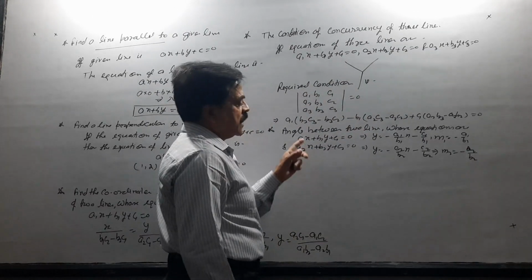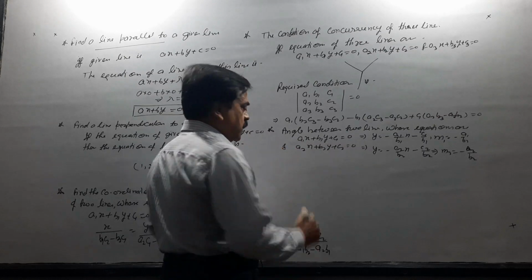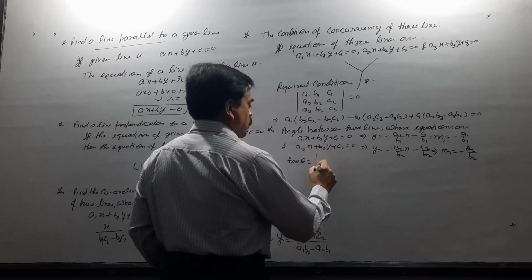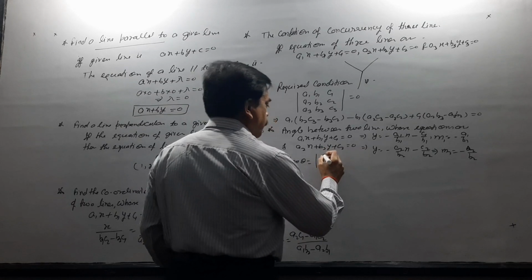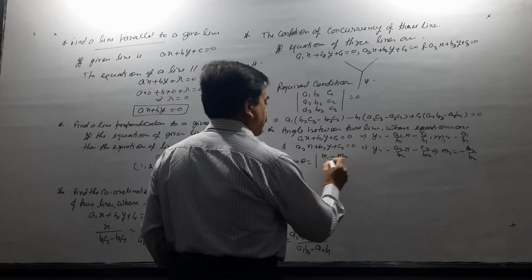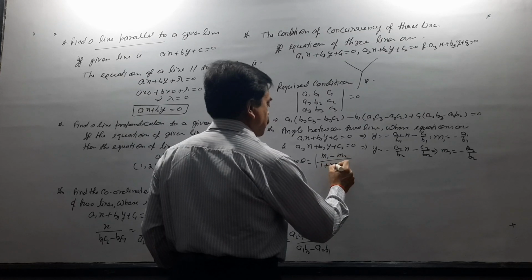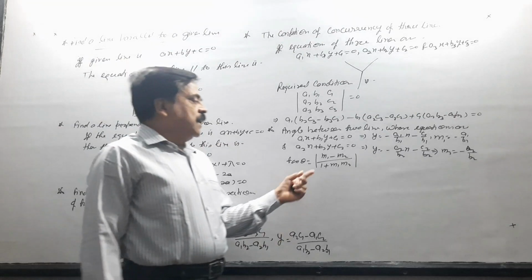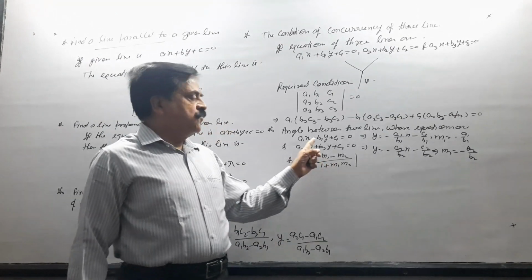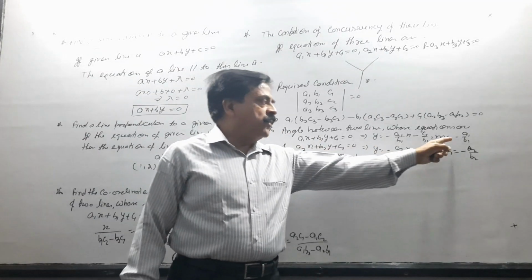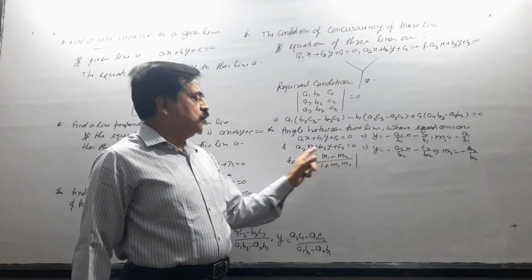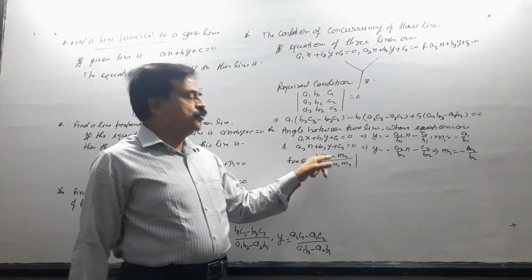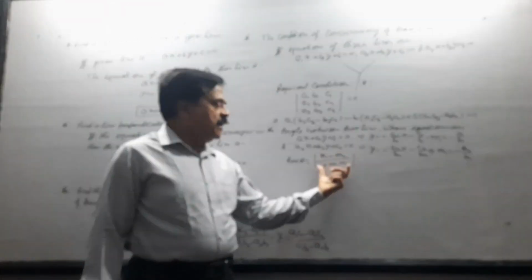If angle between these two lines is theta, then tan theta equals to mod of m1 minus m2 upon 1 plus m1 m2. m1 slope of first line found in this way, m2 slope of second line, find in this way and substitute their values and find positive value.